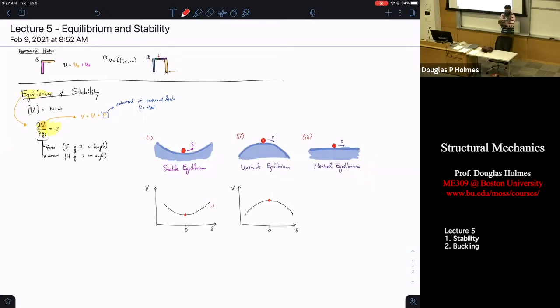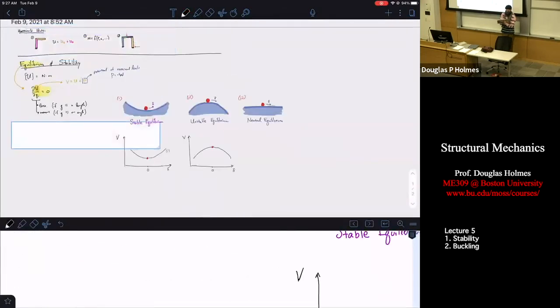So let's do a calculus review here. If I have a function f of x, I can take the derivative of that function f of x.